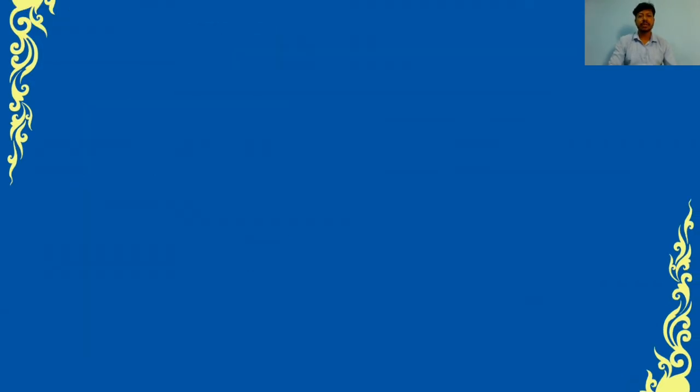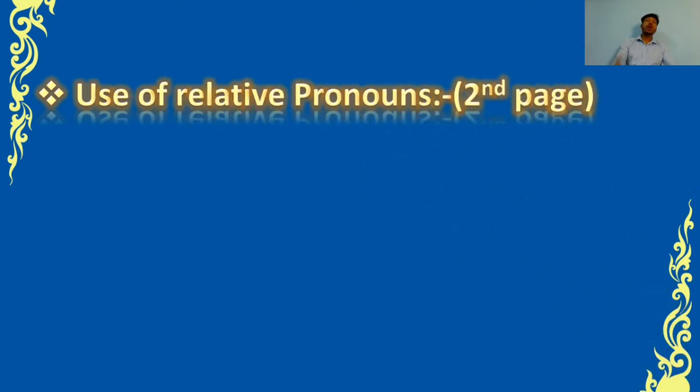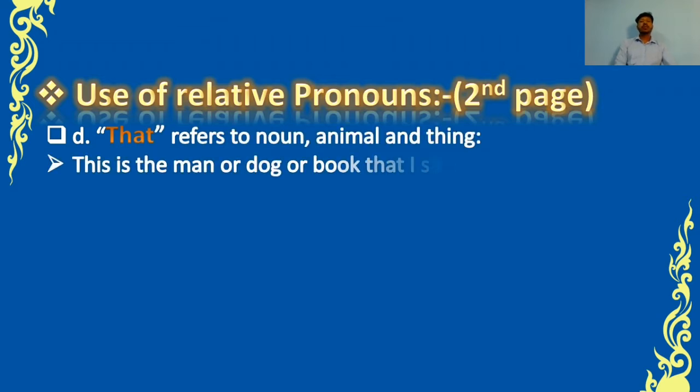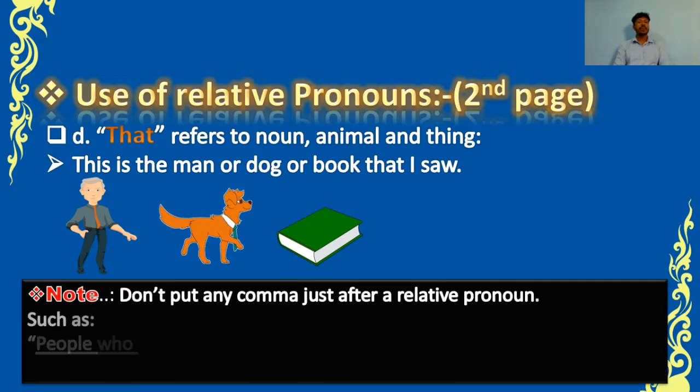Now next, use of relative pronouns. It is the second page. That refers to noun, animal and thing, such as this is the man or dog or book that I saw.